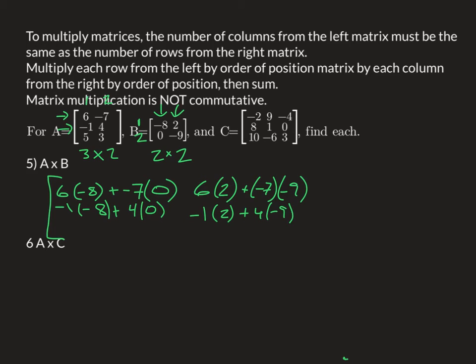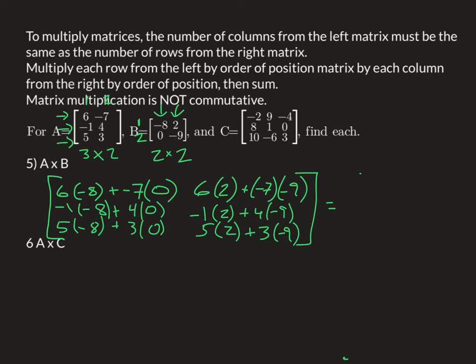And then lastly, I'm in the third row. So 5 and 3 are going to multiply by both the first column and then the second column. So 5 comes first, negative 8 comes first, 3 comes second, 0 comes second. And then in the second column, 5 and 2 are both first, 3 and negative 9 are both second.